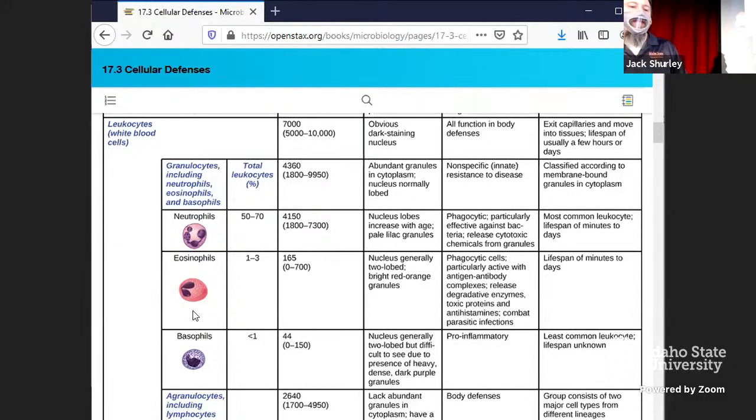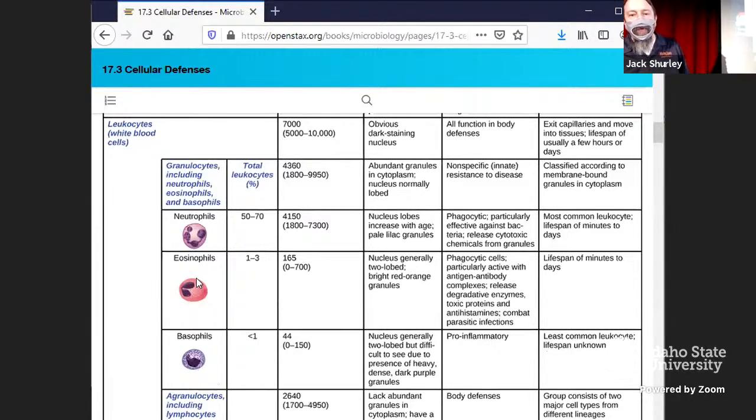Eosinophils are the next ones with the granulocytes, and their percentages are much less, 1 to 3% of the total leukocytes. Typically, the eosinophils and basophils in a normal blood smear are pretty hard to find. You can see here pretty low levels, 165 or so cells per microliter.